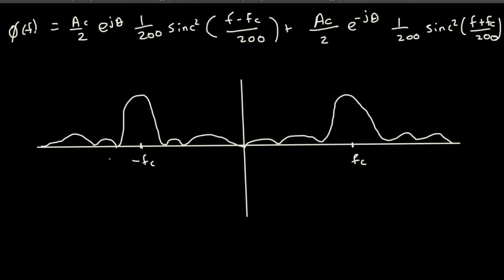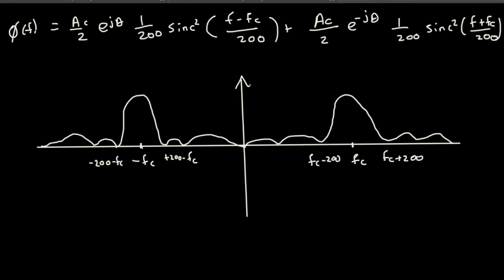So this is going to be minus 200 minus fc, and this is going to be plus 200 minus fc, and then for the other one it is minus fc minus 200 and minus fc plus 200, and here fc minus 200 and fc plus 200. Okay, that's all we need.